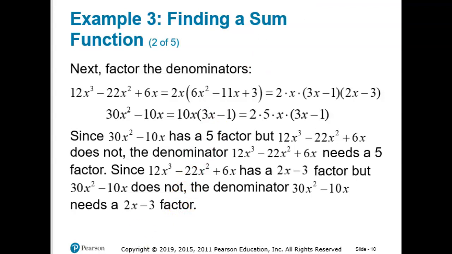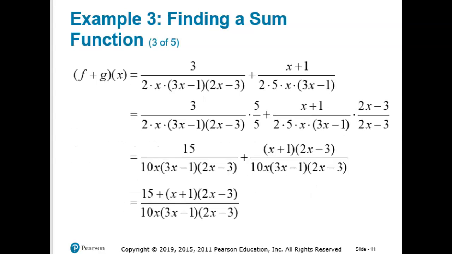Our next slide is going to talk to us about how to find and combine those like terms and add the others. So we already mentioned that we needed to come up with a common denominator that will be 2 times 5 times x, or this 10x.